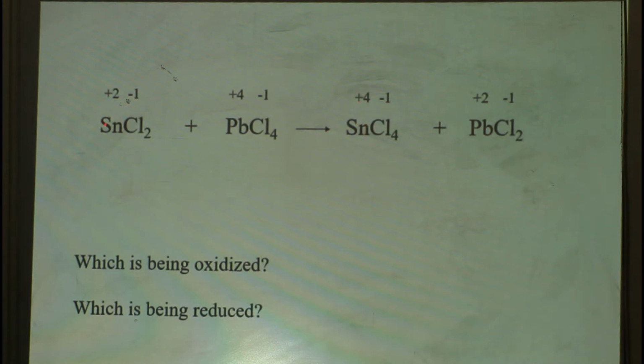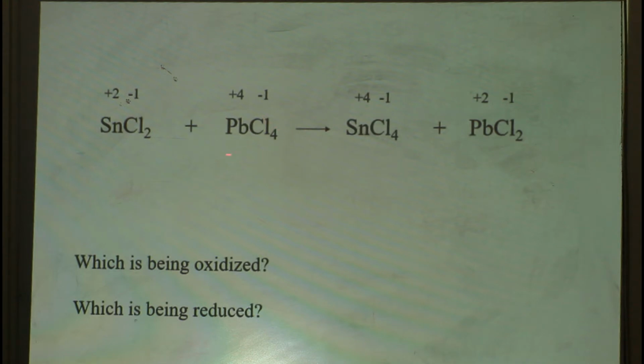It means that the tin as a reactant has changed to a product and has increased in oxidation state from +2 to +4. In this case, there has been an increase in oxidation, so we say oxidation has occurred. So the tin chloride is being oxidized.